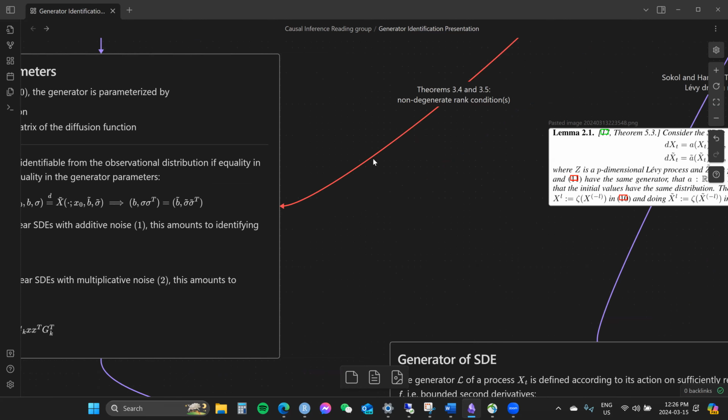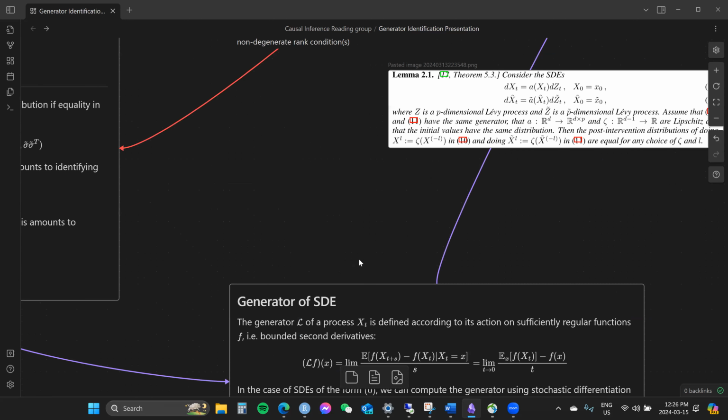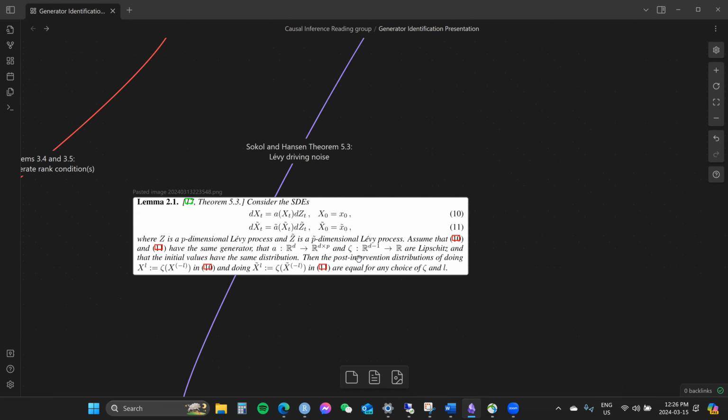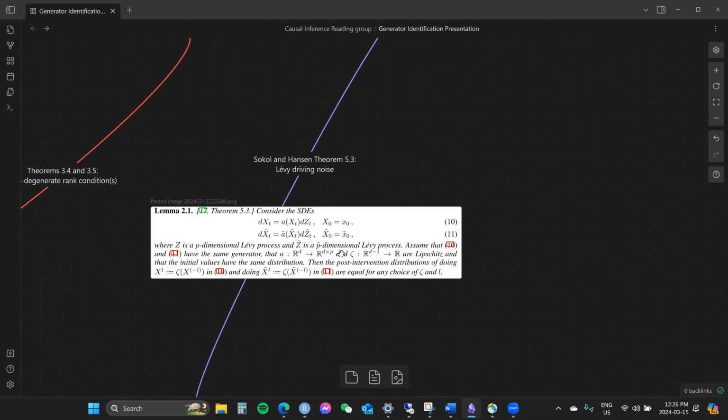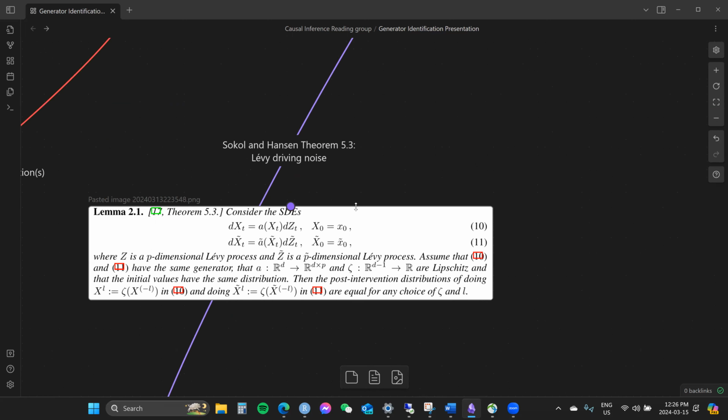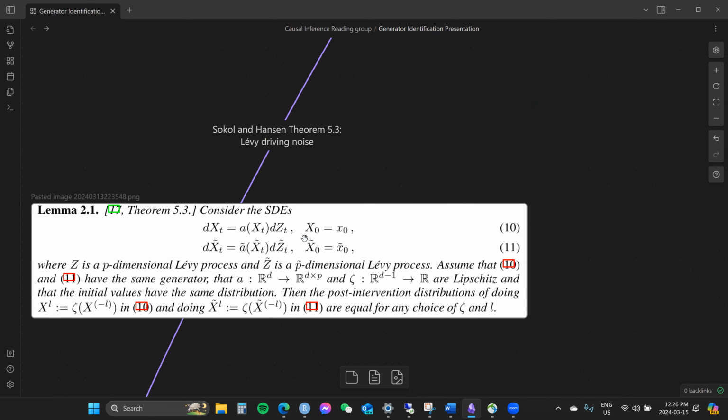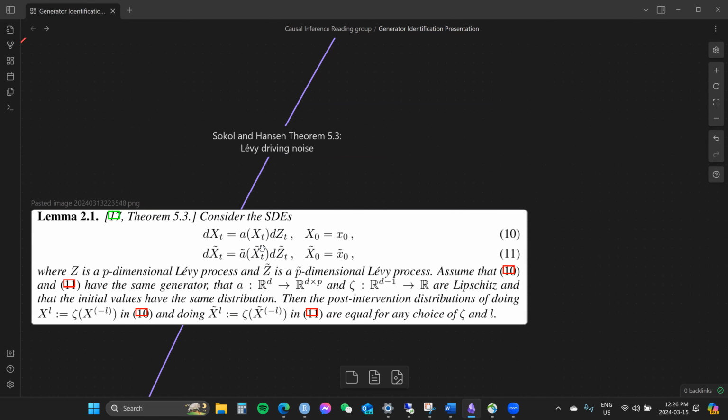The reason is because of the previous paper, where they showed, sorry, this is probably clunkier than I would have liked, that if you have the generator, and this is in block form, so if you have a stochastic process in block form and the driving noise is a Levy process, which is just a generalization of Brownian motion essentially, then you will be able to identify the post-intervention distribution, for example the gene knockout, so the new dynamics, if you have the generator.